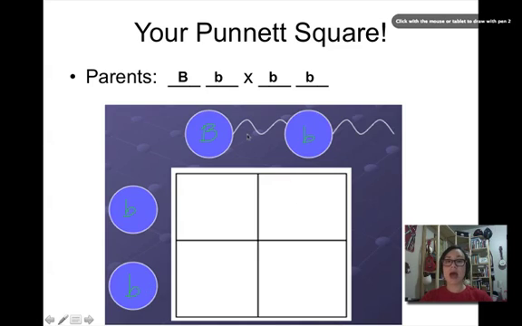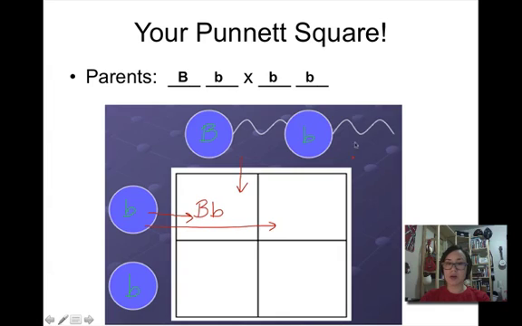Now, once I've done that, the next thing that I have to do is fill in and do my 4 crosses. Remember, whatever's on the side goes in, and whatever's on top goes in, but we want to put our capital letter first. So in this first box, I'm going to bring down my big B and bring over my little b. I'm going to do the same thing for my next quadrant. So I'm going to bring over the little b, bring down the little b.